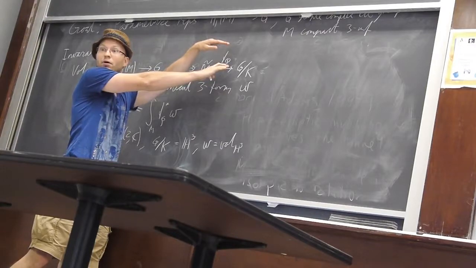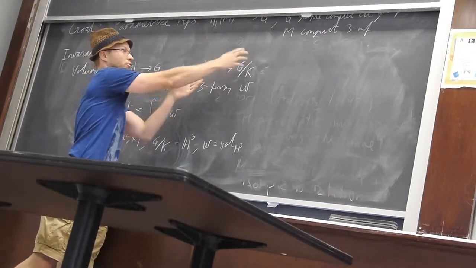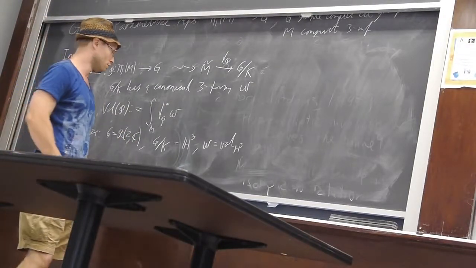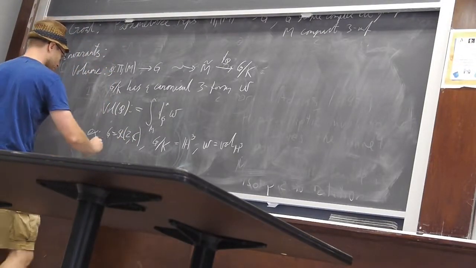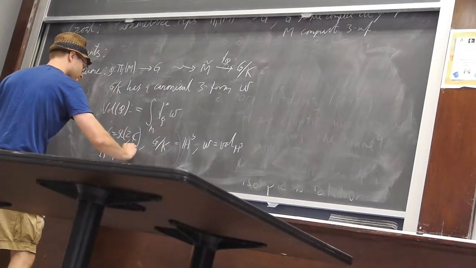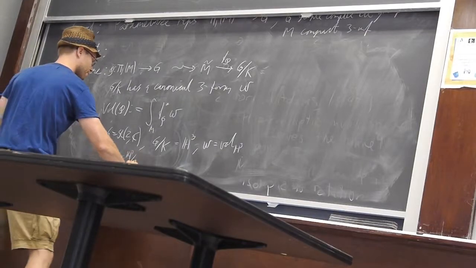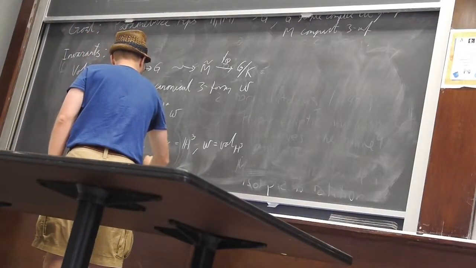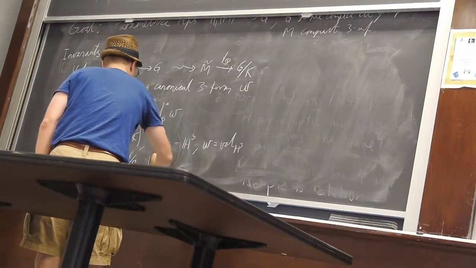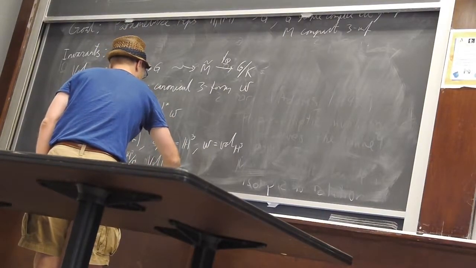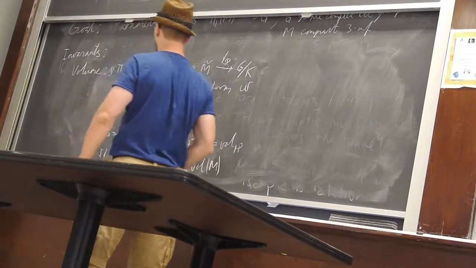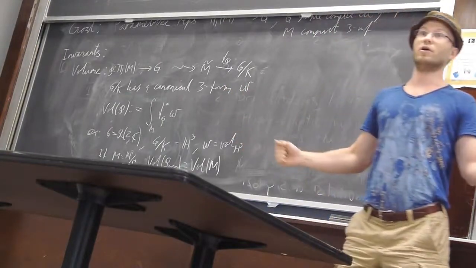It's a developing map, and if you integrate the volume form over the fundamental domain, you just get the volume. So here, if M is hyperbolic and rho is the geometric representation, the volume of the geometric representation is the volume of the manifold. So in this case, it really is volume.